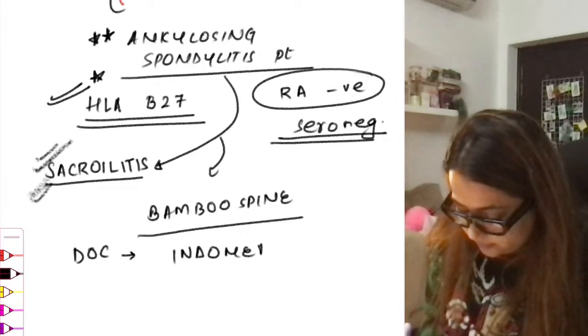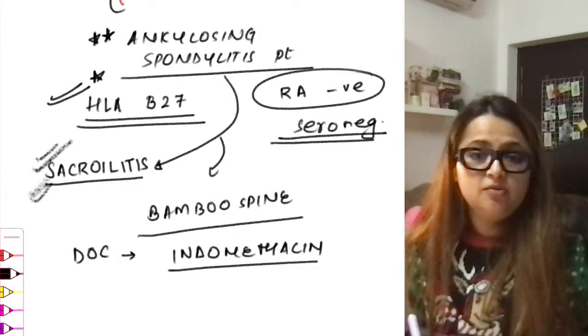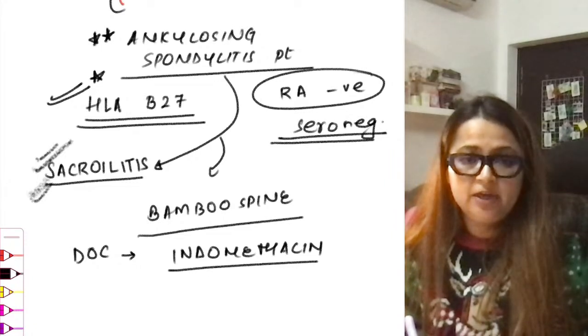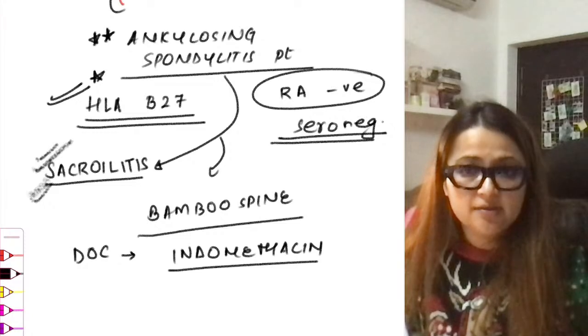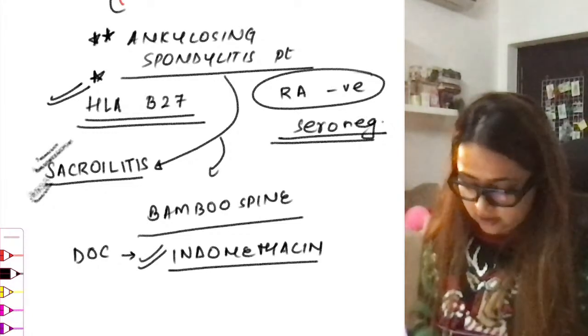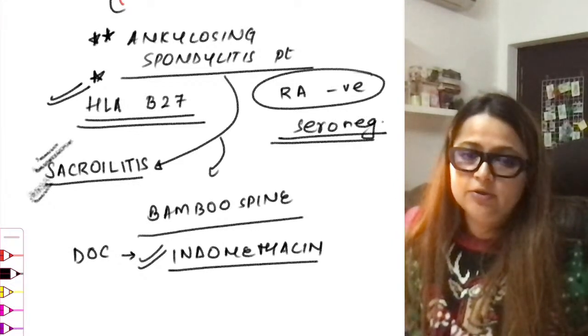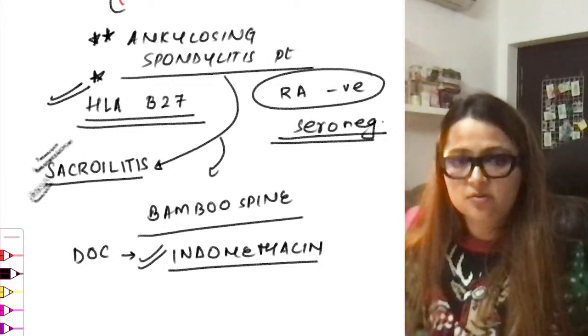This is the reason I integrated it here: as we used indomethacin to close the PDA, it is also the drug of choice for ankylosing spondylitis. So know this. In India, Indocap, which is commonly used, contains indomethacin.